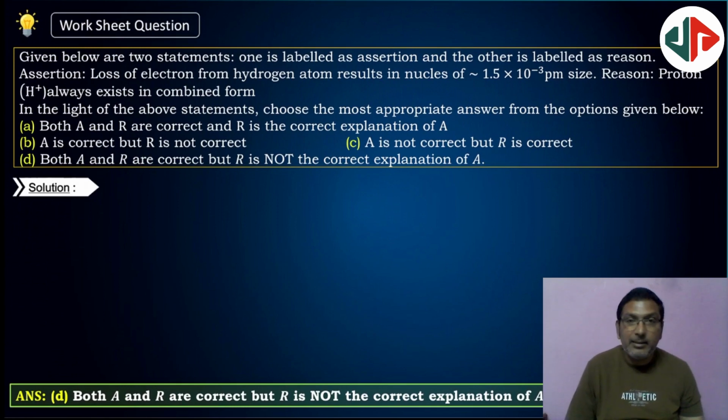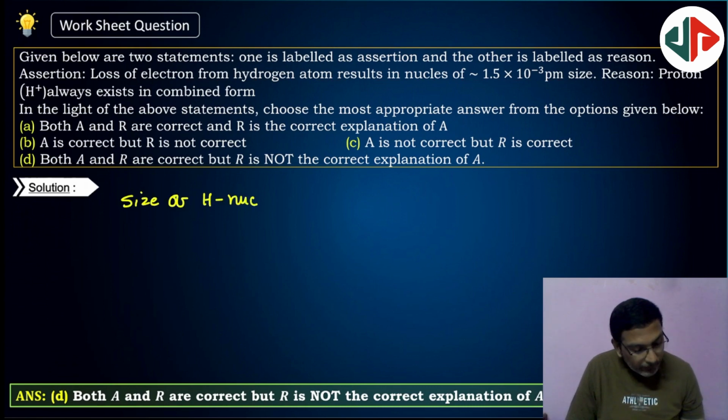Here also assertion reason type. So loss of electron from hydrogen atom results in the nucleus of these many picometers. That means size of hydrogen nucleus.